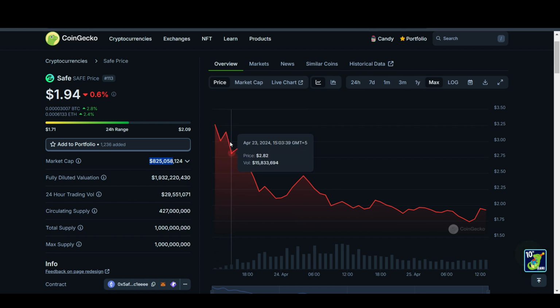But I think the price it deserves as of now is around $1 or even below that. So I think the good thing would be to wait for it to go down, and if you are interested in that, after that you can buy it in a dollar cost average and take profit as it goes up.